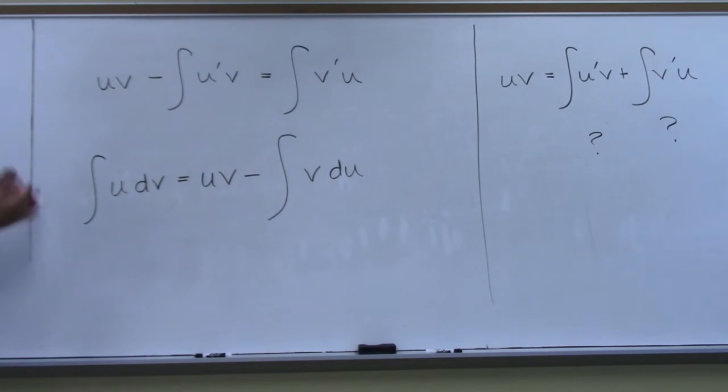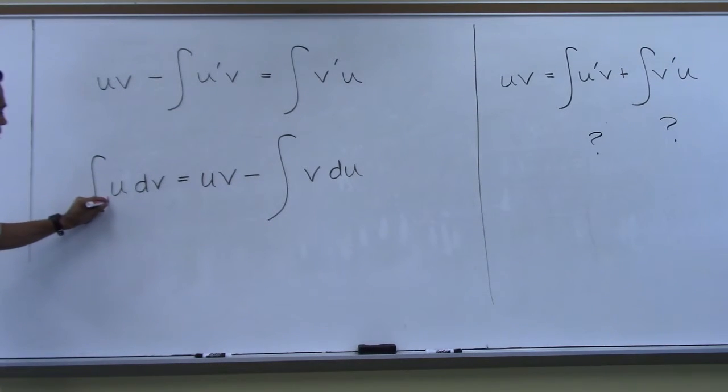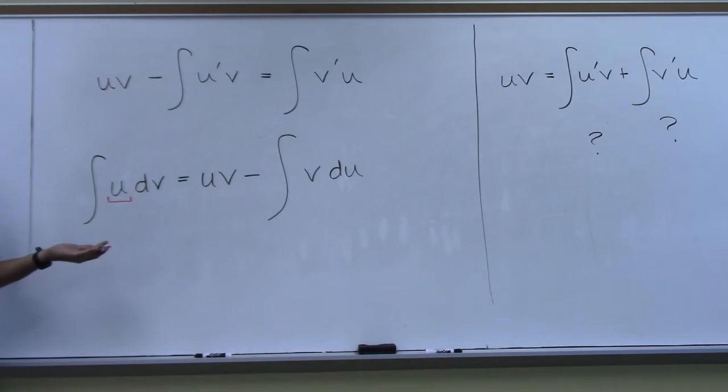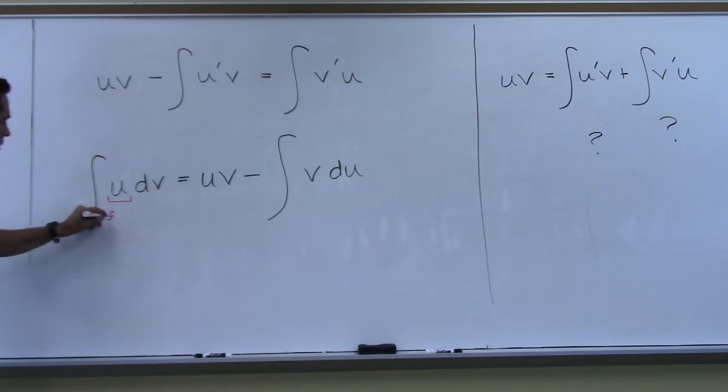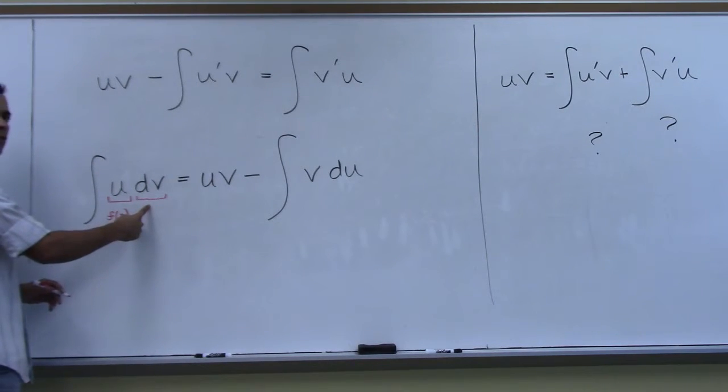All right. We start with an integral, right? Within this integral, we have u, which we said was a function of x, right? So you just have some function of x sitting here. And then next to it, you don't have a function. I mean, it's a function of x, but it's actually the derivative of something, right?